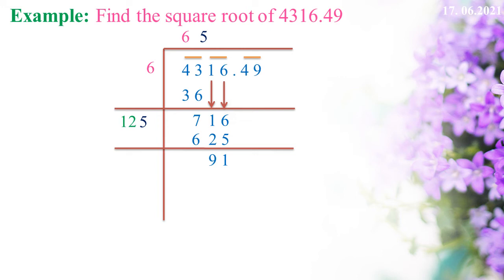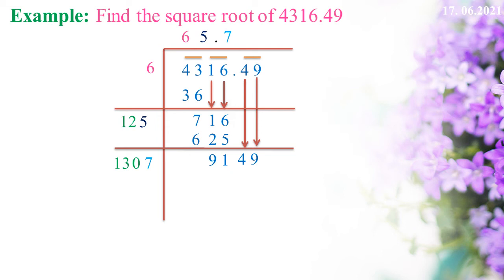Next, place decimal point in the quotient as soon as the integral part is completed. Next, bring down the next period. So, 9149. Now, obtain the new divisor by taking 2 times the quotient. On doubling the quotient 65, we will get 130 and annexing with it a suitable digit. Here, the suitable digit is 7.